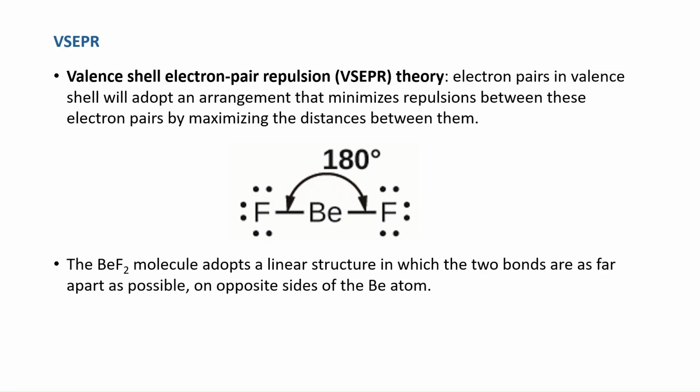The model that we use is called VSEPR, valence shell electron pair repulsion theory, saying that the electron pairs in the valence shell, in the outermost shell, will adopt such an arrangement that minimizes the repulsions between them. Electrons are going to repel each other, so they're going to locate themselves as far apart from each other as they can, to maximize the distance, so that minimizes repulsions.